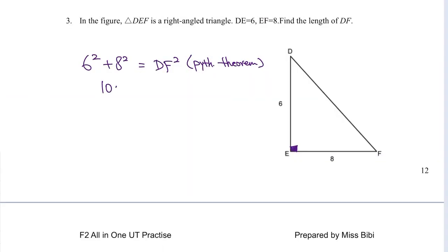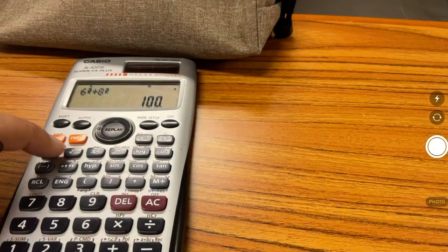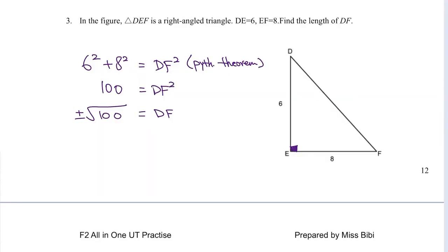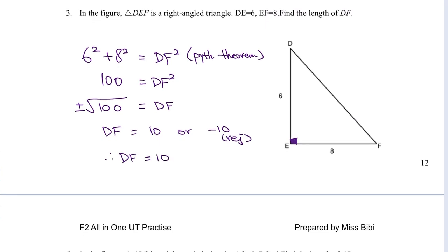So 100 there equals df square. If you don't need the square, you can give a square root, which will be square root 100. You get the answer 10. So you have df as 10 or negative 10. Can you have a negative answer? No. So that's why your df is only 10. And that's for this one.